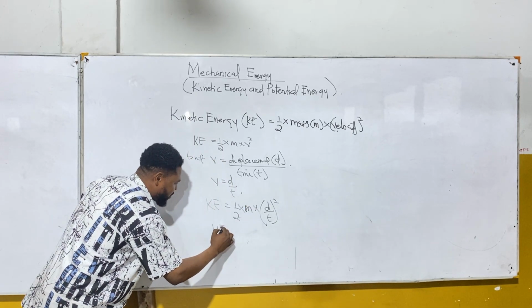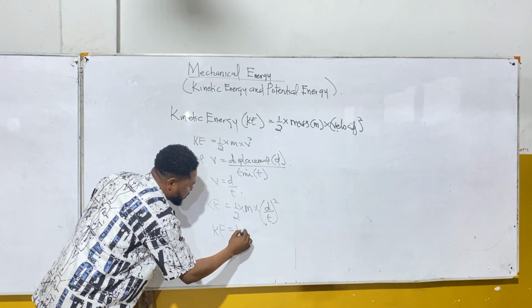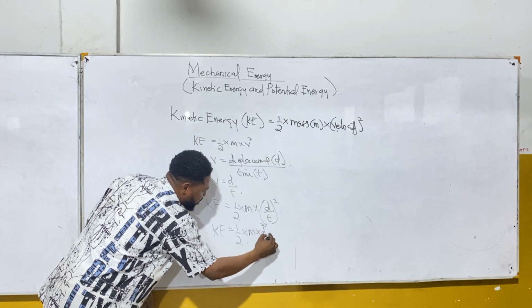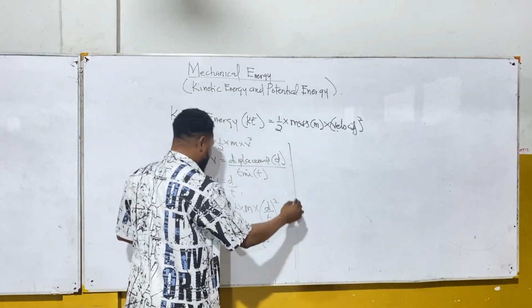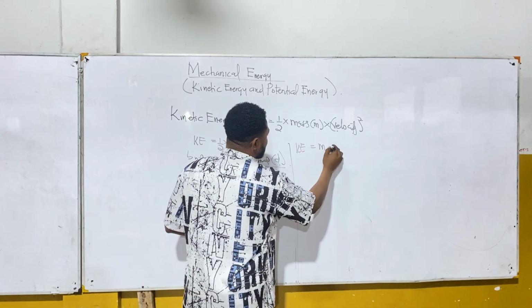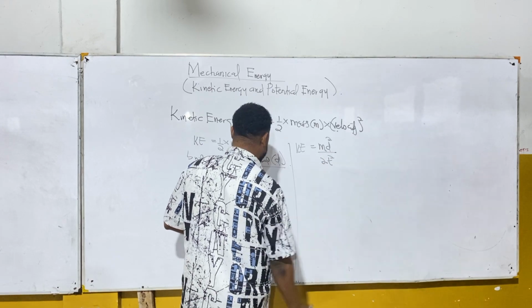So we arrive at the formula 1/2 multiplying mass times d squared over t squared, which we can simplify as KE equals md squared over 2t squared.